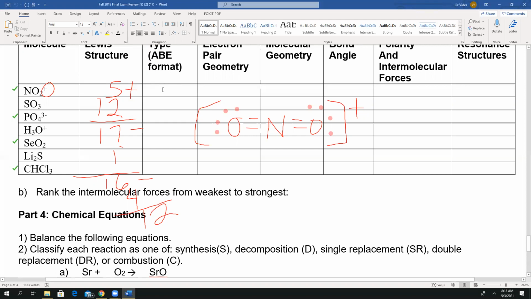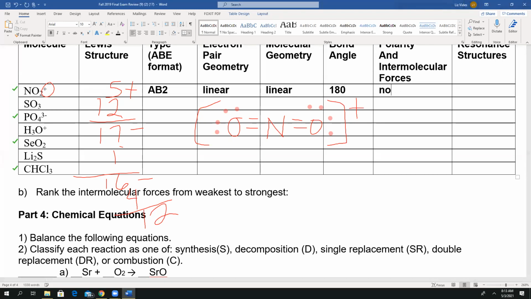Okay, you can see that this is an AX2, right? Because you've got one central atom bonded to two others. There are no lone pairs around the central atom. So the electron pair geometry is going to be linear, right? Molecular geometry is also linear. The bond angle is going to be 180. What forces are we going to have?